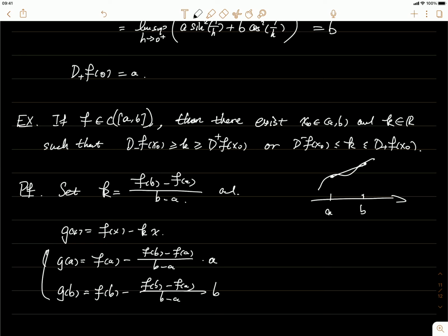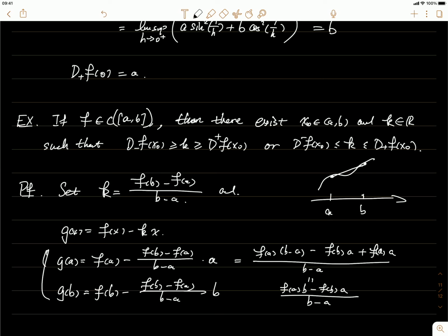We can check that these two are equal because the numerator is just f of a times (b minus a) minus f of b times a plus f of a times a, divided by b minus a. As you can see, f of a times a cancels, so we have f of a times b minus f of b times a divided by b minus a, and you can easily show that it's also equal to this.